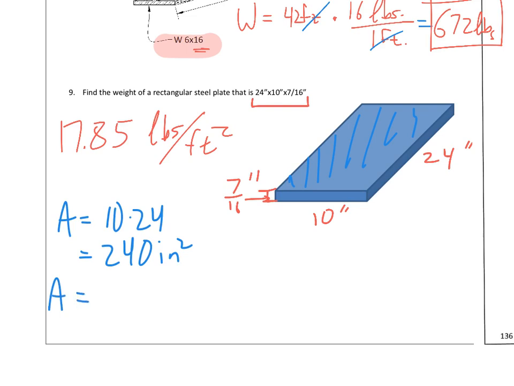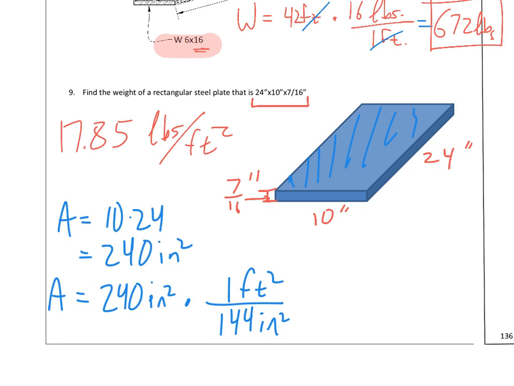So we're going to need to multiply that by, we know that 1 square foot is 144 square inches, and that's in our conversion chart in the back of the book also. Okay, and so square inches cancels there. So we need 240 divided by 144, and we get 1.6 repeating square feet.